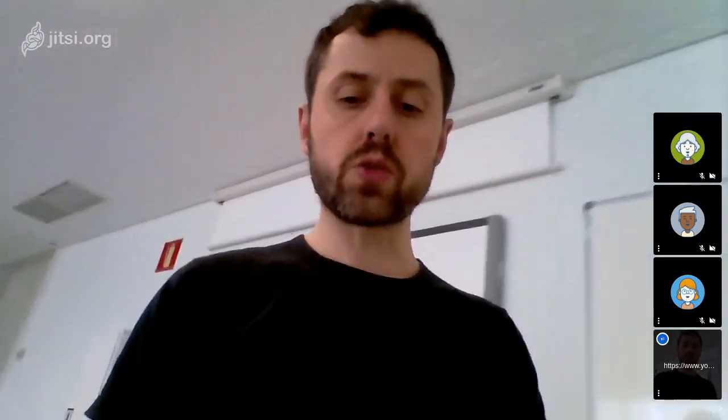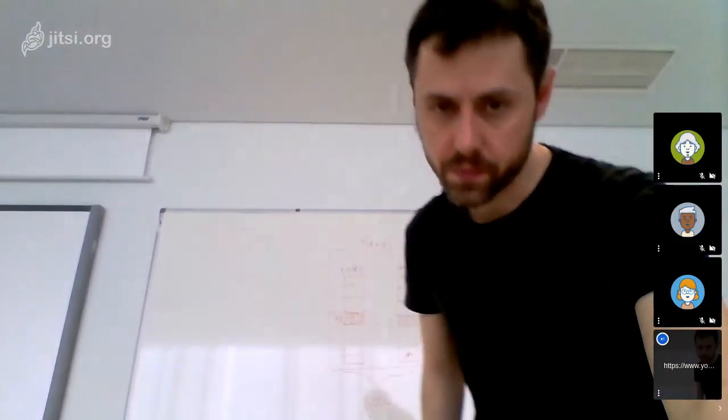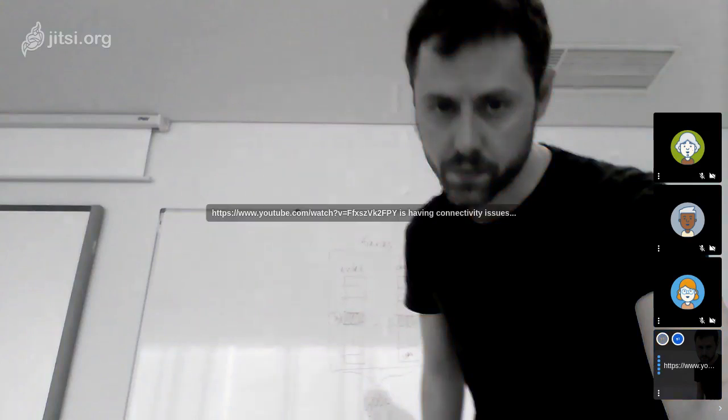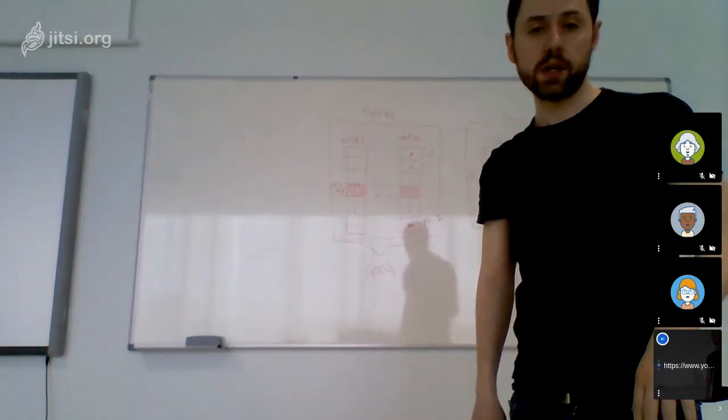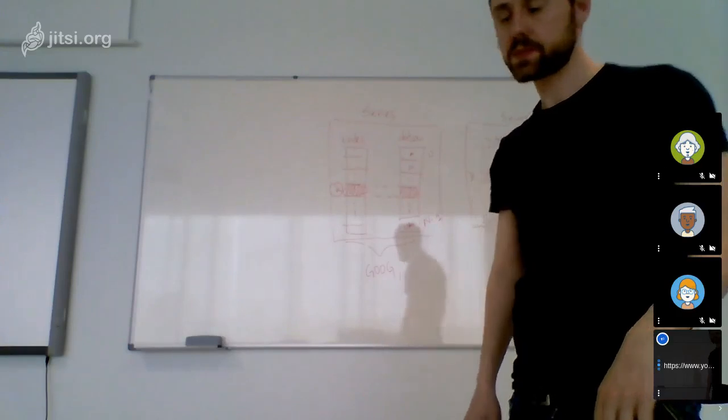Okay, if there are no questions, let me introduce you briefly to what data frames are. I'm going to try to use the whiteboard, same as before. It might be a bit blurry, but hopefully it will be readable.